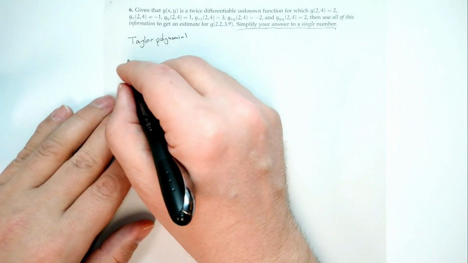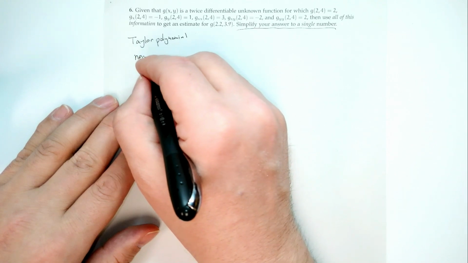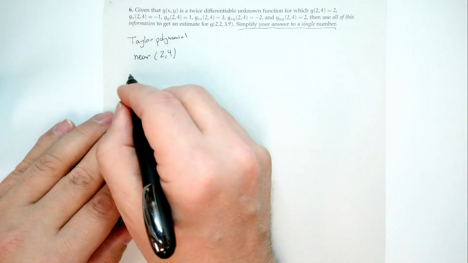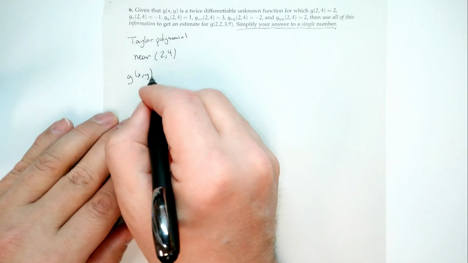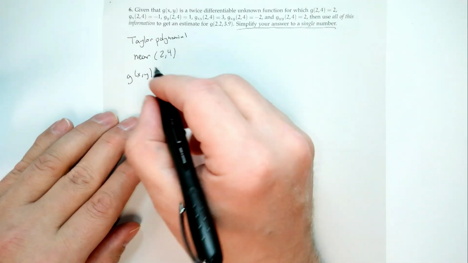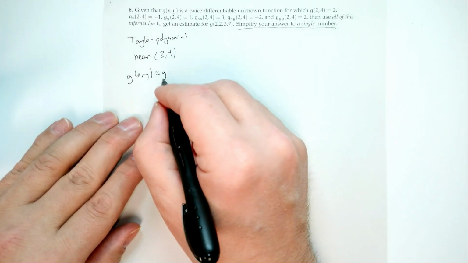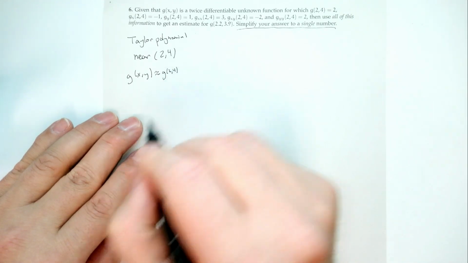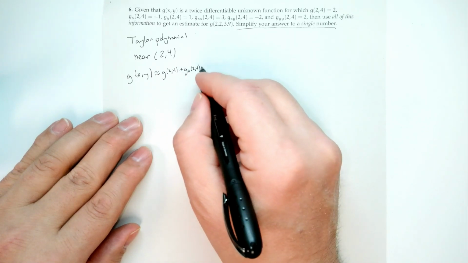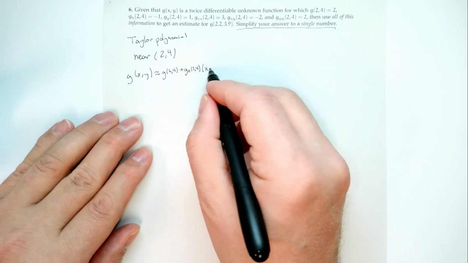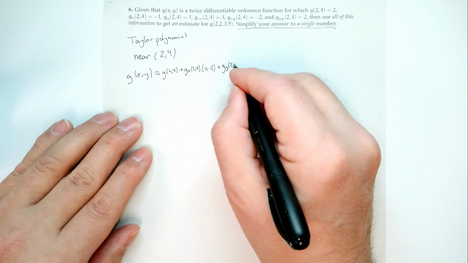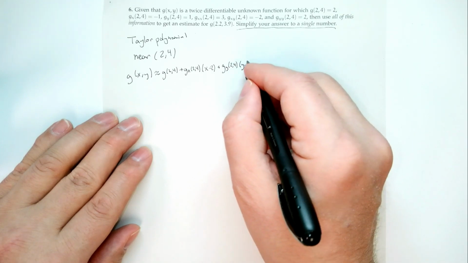So near the point 2, 4, we can say that our function g of xy is approximately, and I hope I have space, I'll write small here, the function at 2, 4 plus the derivative with respect to x at 2, 4 times x minus 2 plus the derivative with respect to y at 2, 4 times y minus 4.